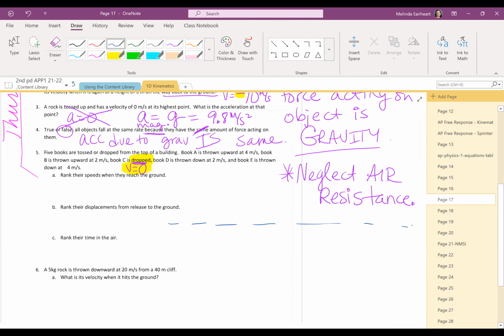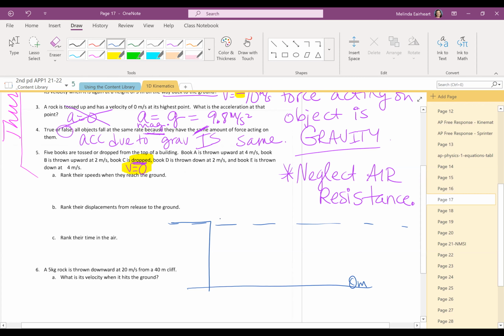So all of them start at the same initial spot, and they're all going to the ground below. Can you tell whether or not they return the velocity? No, you have to have air resistance. So neglect air resistance unless told otherwise. Nothing was mentioned about air resistance.